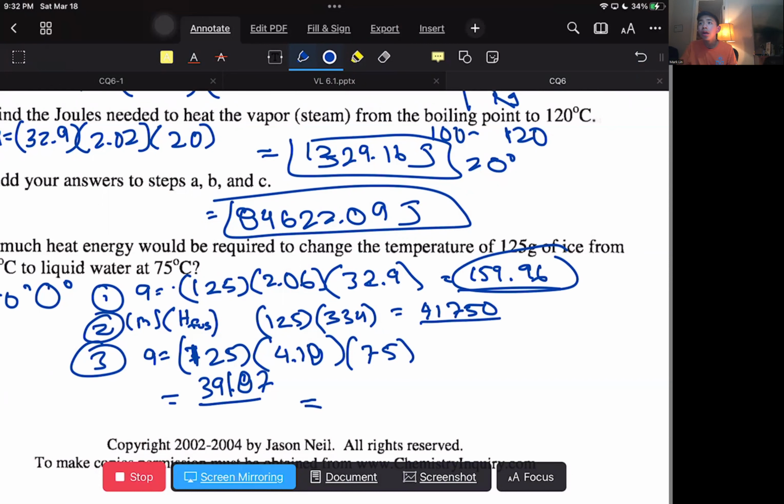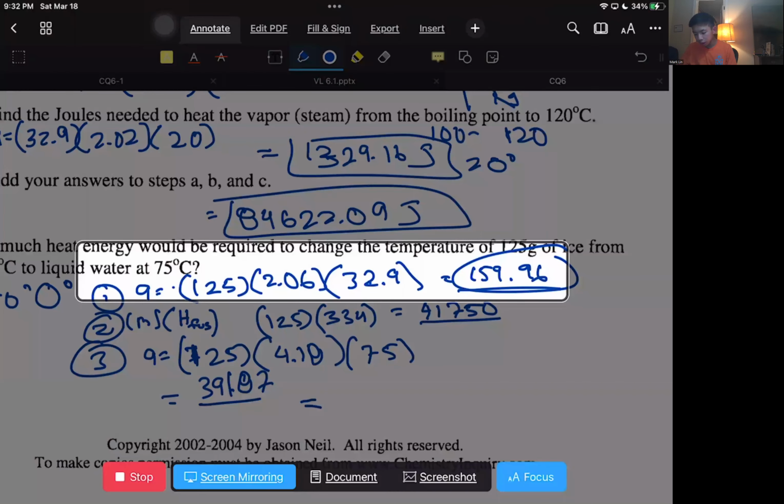And then you add up all these together. There's something wrong here. Okay, my bad. For this, I accidentally added them together. That's kind of embarrassing.